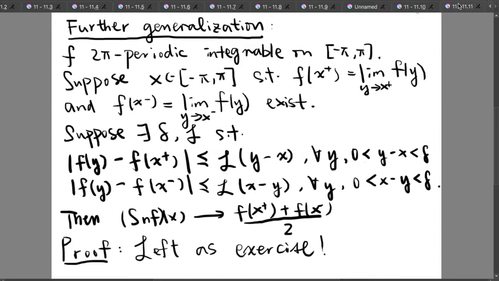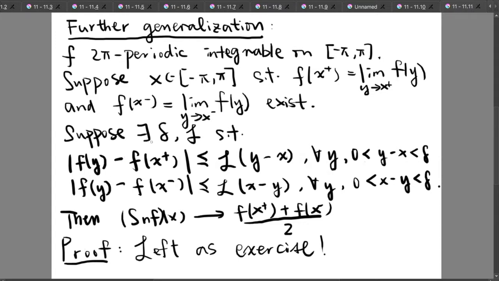And indeed we can further generalize our previous theorem. Let f be a 2π periodic function which is integrable on the interval negative π up to π. And suppose that x is a point inside the interval negative π to π such that f(x+), which is the right hand limit of f(y), and f(x−), which is the left hand limit of f(y), exist.